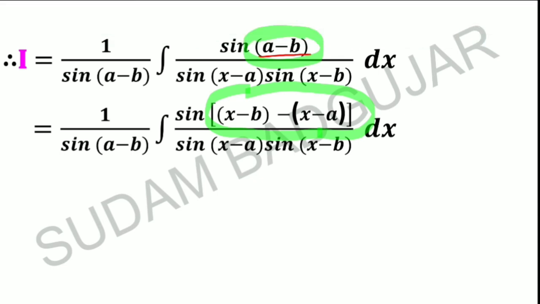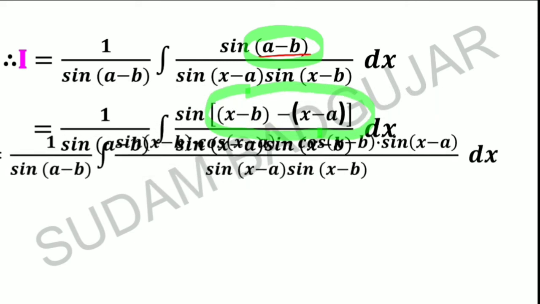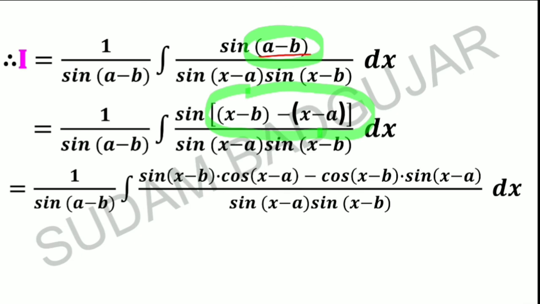Again you will get the numerator angle in terms of the denominator, x minus a and x minus b. What is this numerator? It is sine of a minus b. So you have to apply the sine of a minus b formula, that is I is equal to 1 upon sine of a minus b into integration of sine into cos minus cos of the first angle into sine of the second angle upon sine of x minus a into sine of x minus b.